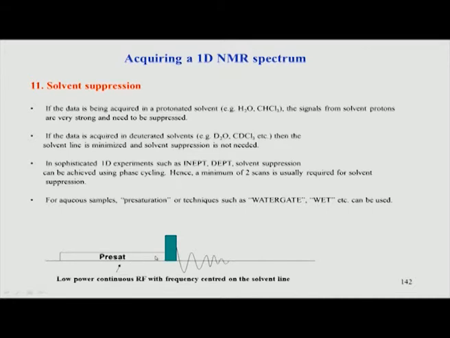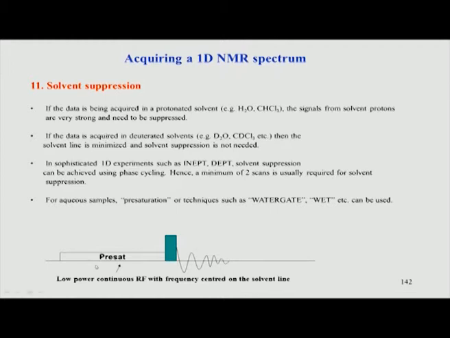Remember, in NMR when we talk about the strength of an irradiation, we talk in terms of hertz. The 90-degree pulse strength is typically kilohertz, but this is typically 50 to 100 hertz. That is the range of the amplitude of the irradiation, and it is applied on the water resonance, the solvent proton.